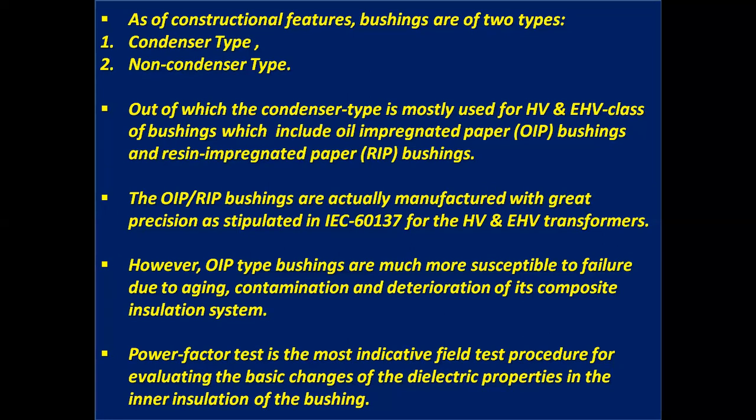The OIP and RIP bushings are manufactured with great precision as stipulated in IEC 60137 for the HV and EHV transformers.